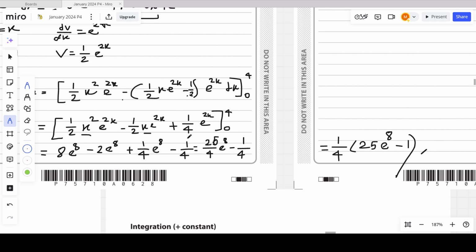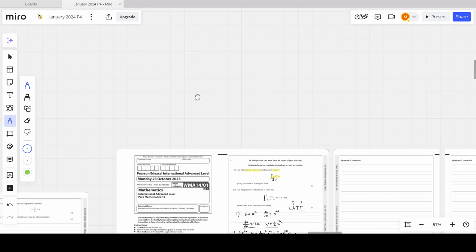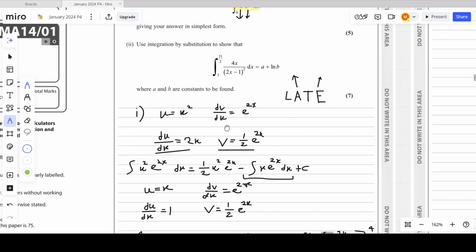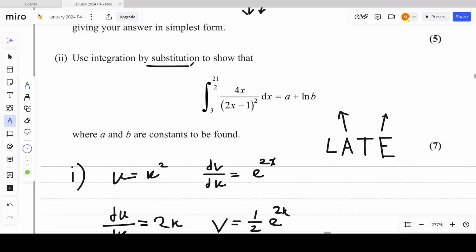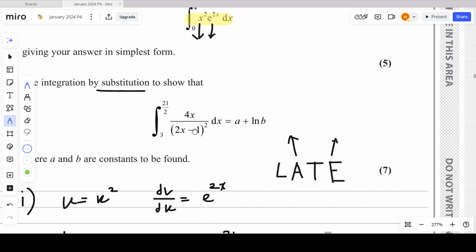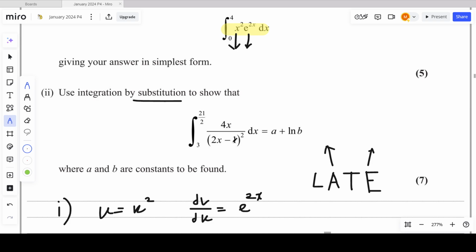Okay, next, part B. So basically part B is what? Integration by substitution. The main thing is that in most of the questions they give the substitute, but here they didn't give the substitute. We need to take the substitute. Okay, so what can we take as the substitute? If you see the denominator, it is 2x minus 1.